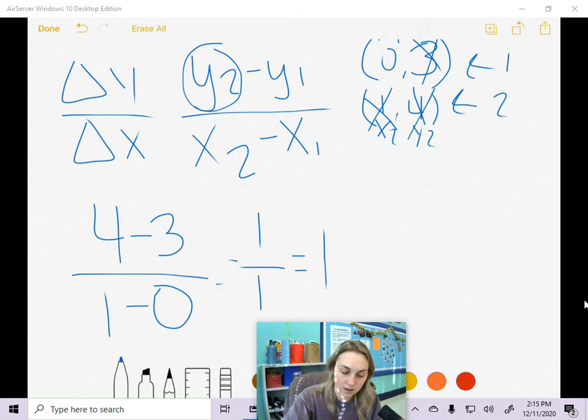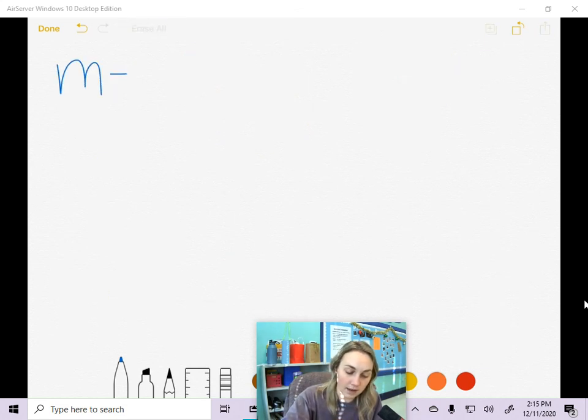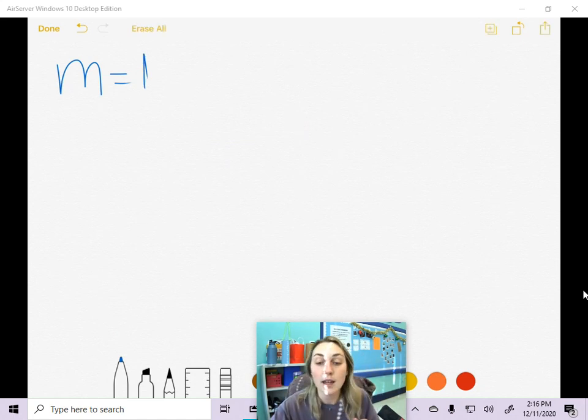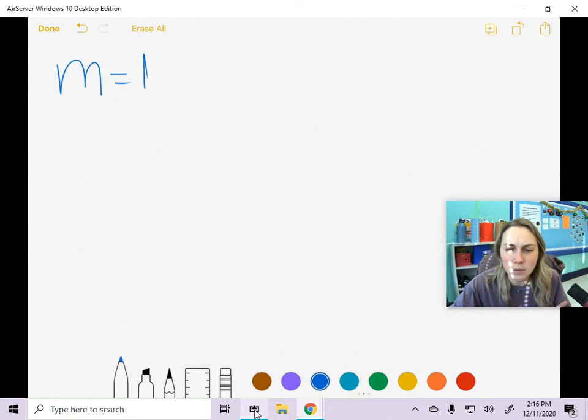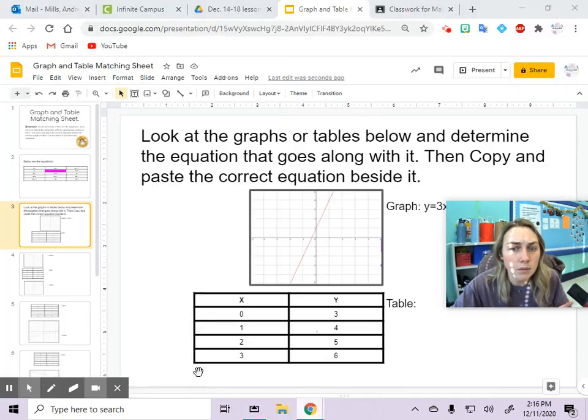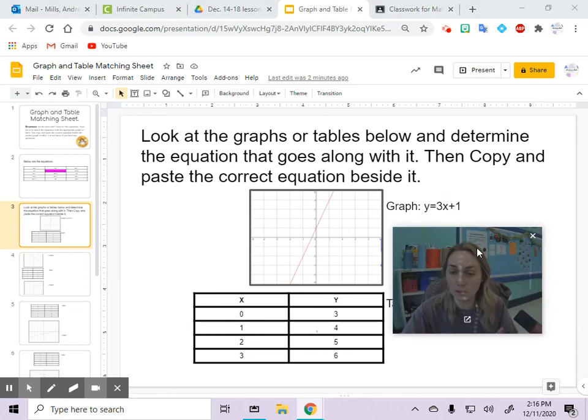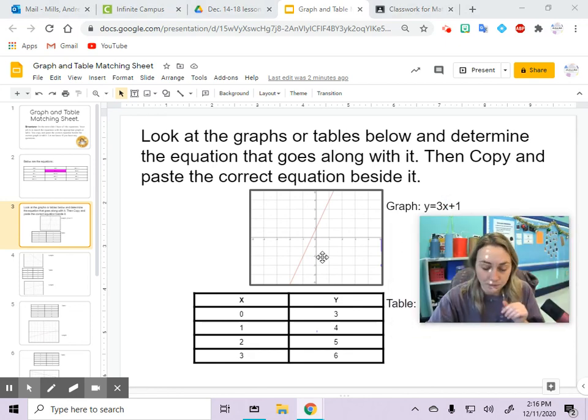All right. So I'm going to erase all of this, and I'm going to have m equals 1, because remember, m equals slope. So we have the slope. Now we need the y-intercept. So you're probably wondering, how do I find the y-intercept of a table? You can't look at it like a graph. Well, you can. This is what you're going to look for. The y-intercept is where the line crosses the y-axis. The line always crosses the y-axis at where x equals 0.